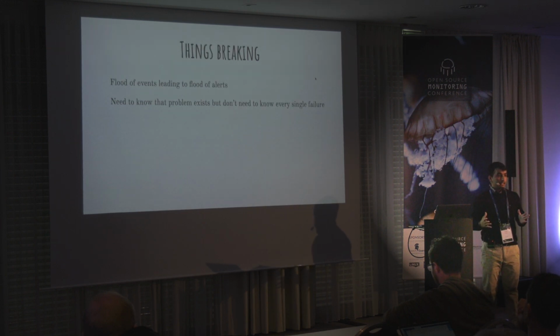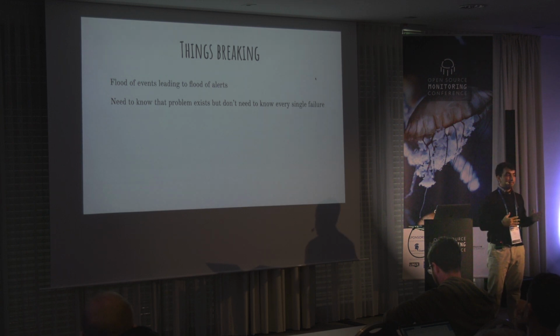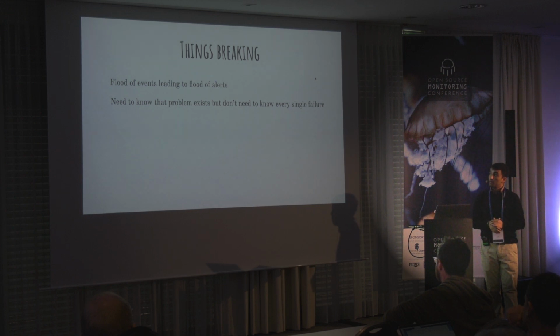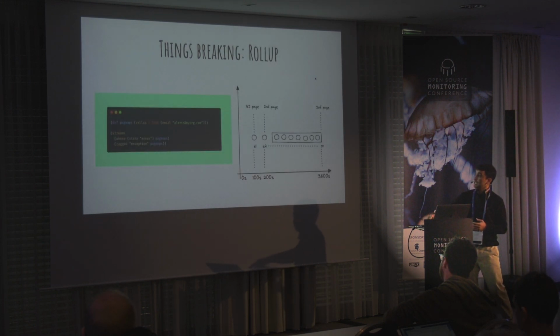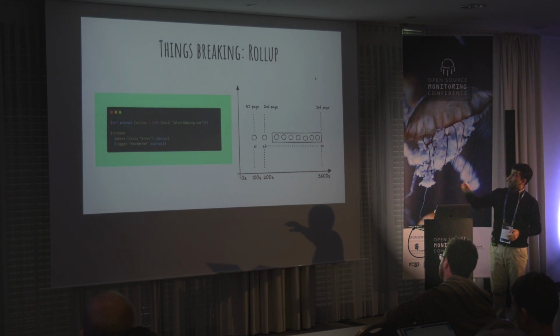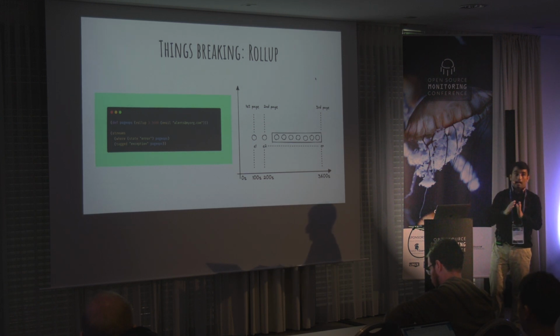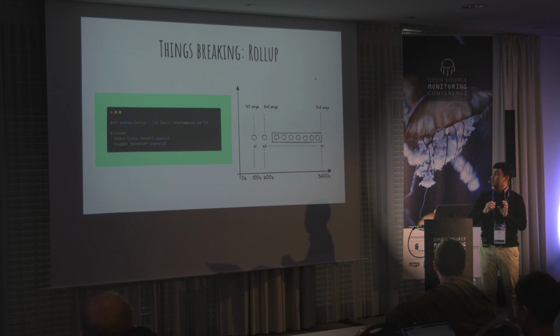When things break really badly, we get a flood of events, we get a flood of alerts. How Riemann handles these things is it provides you special streams like rollup. Rollup basically is like, I want to get alerts for the first few instances of the event directly, but I don't want to get a notification for each instance.